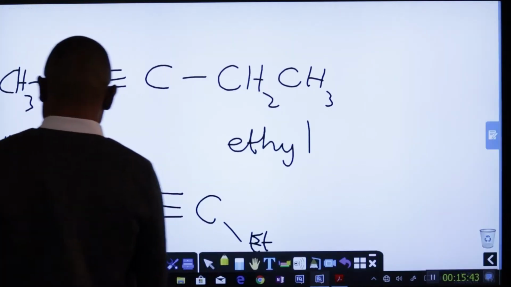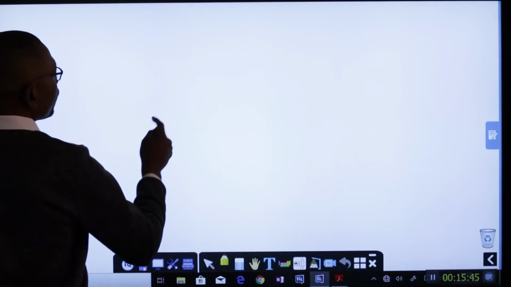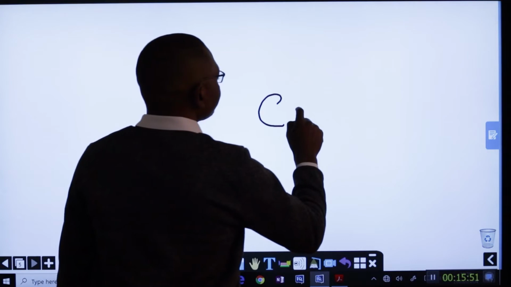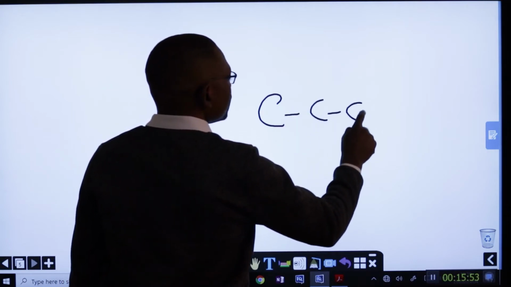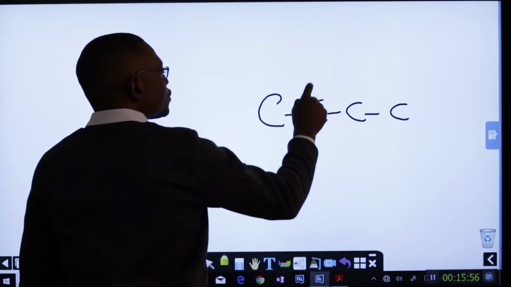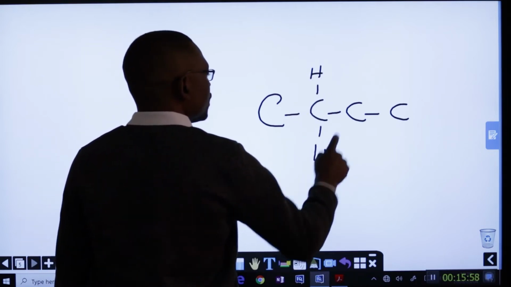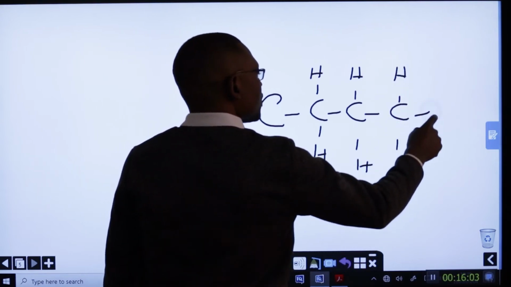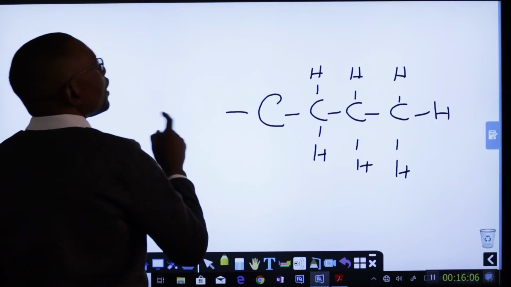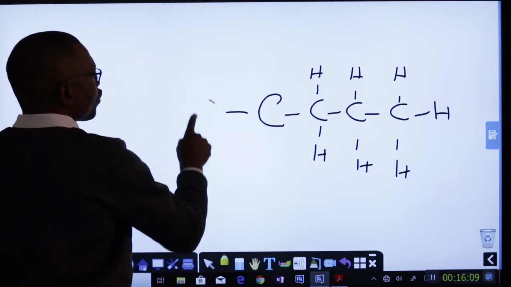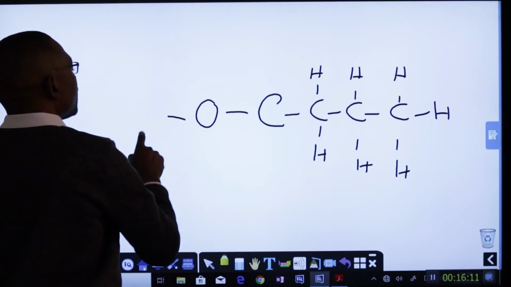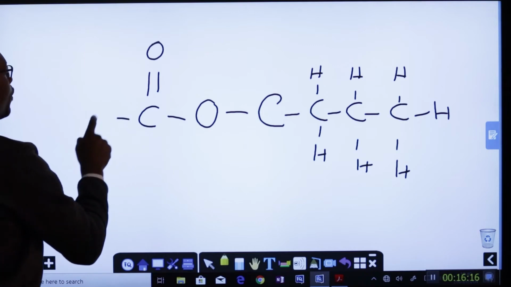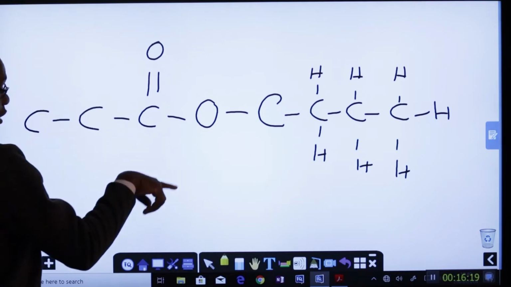So if we are to write this, we are going to have a butyl, which is going to be C 1, 2, 3, 4. Okay, so this is going to be H, like that. And then here we're going to have a carbon oxygen bond, and then a carbon over there, and a carbon double bond, a carbon and a carbon. So this is a 3 carbon chain.